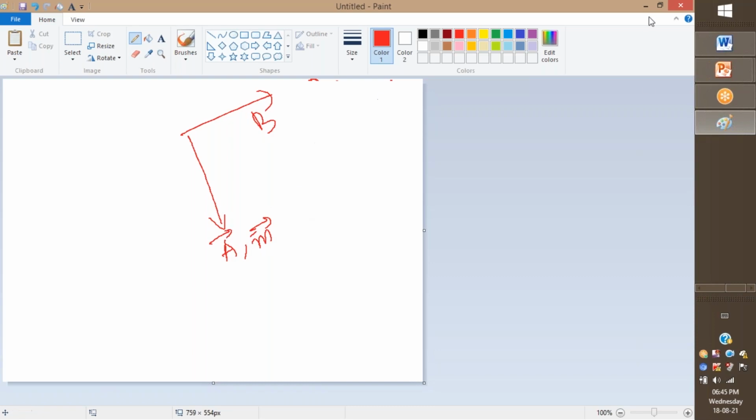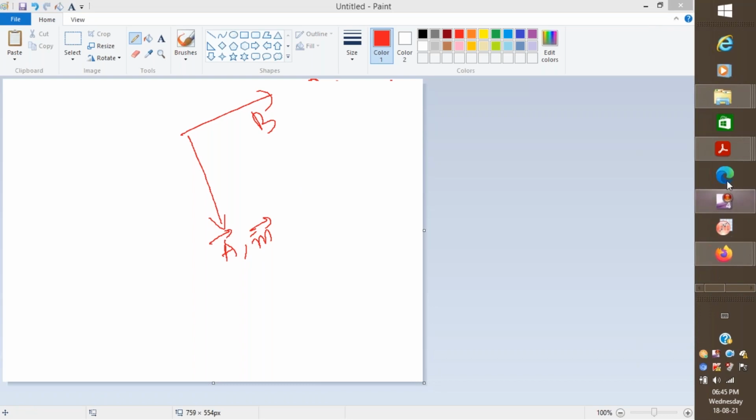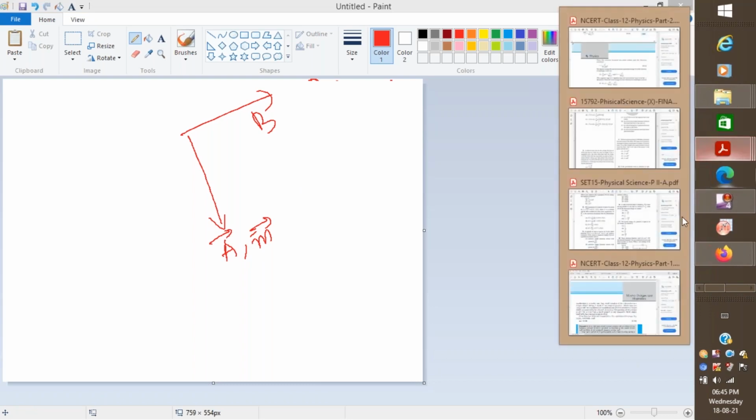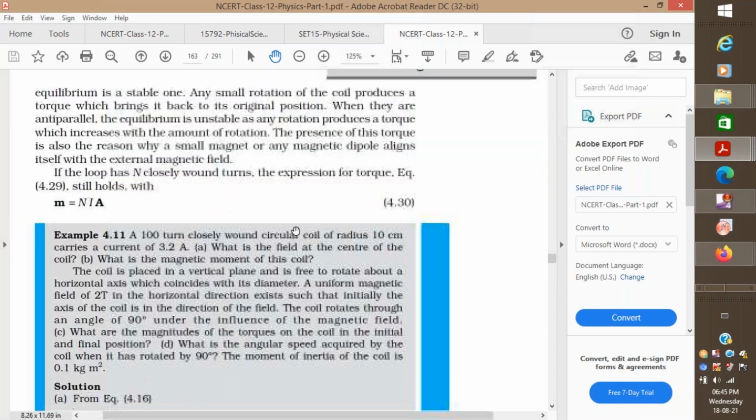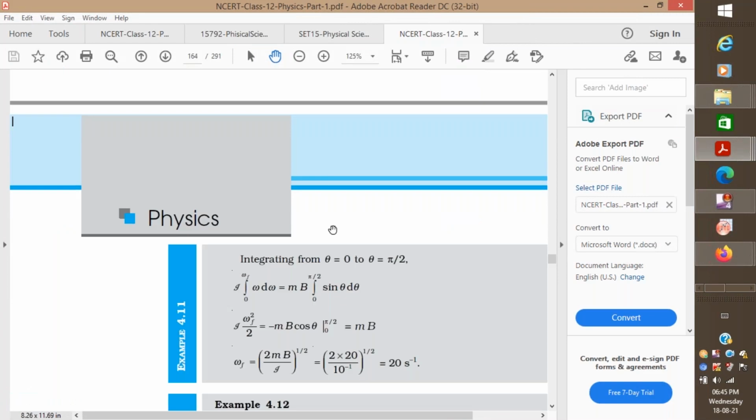So this has to be maintained. We'll see that in our next class while discussing the moving coil galvanometer. So this is all about this part. Now we'll go to the next section.